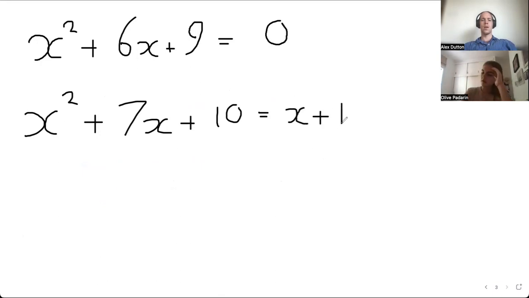Yep. Before we can solve this, we need to move everything over to one side, usually the left-hand side. So we subtract x from both sides and we subtract 1 from both sides. And then what are we left with? x squared plus 6x plus 9.